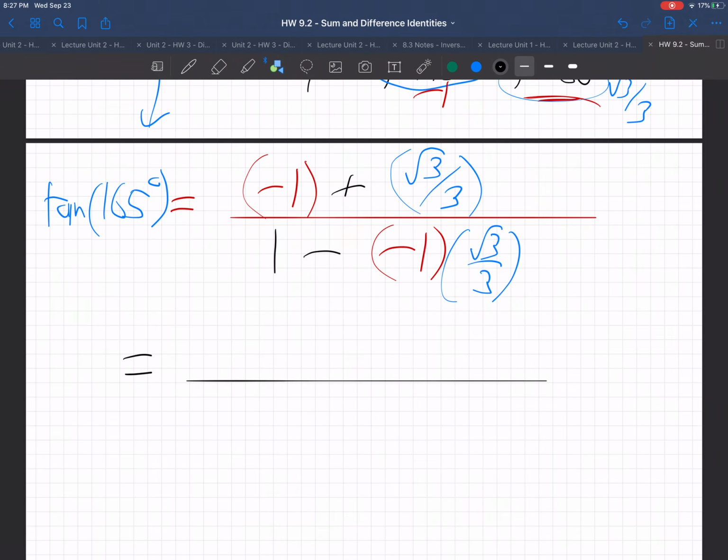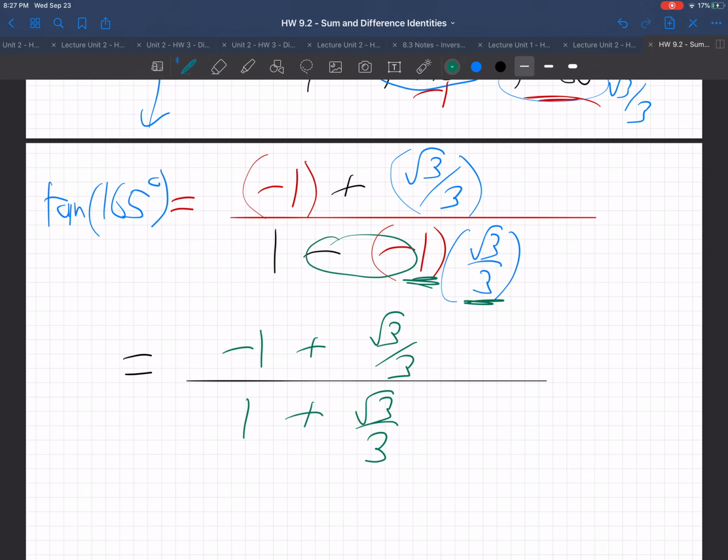Well, first thing we can do is let's make it negative 1 plus root 3 over 3. On the bottom, 1 minus a minus is going to be plus, isn't it? And root 3 over 3, because 1 times root 3 over 3 is just root 3 over 3, isn't it? And the two negatives made a positive.